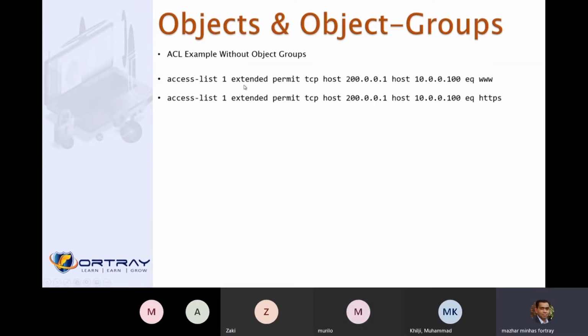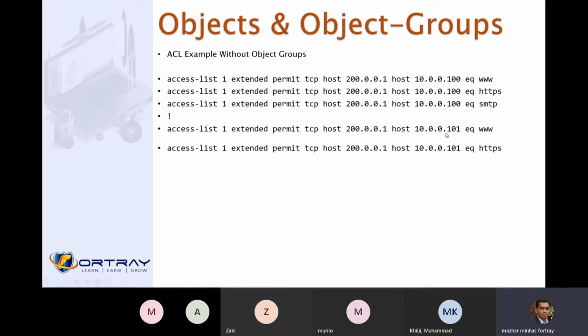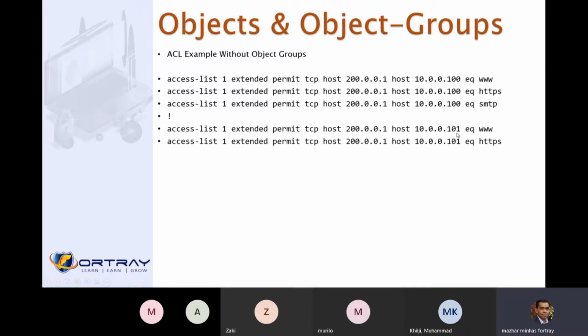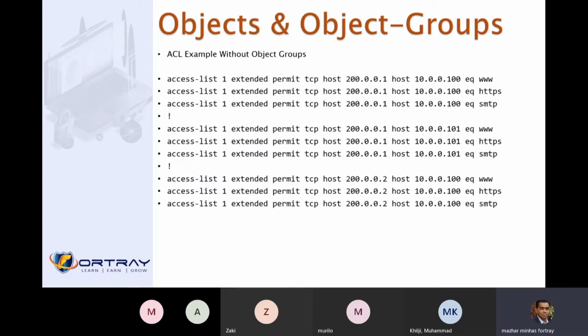You see, you need one entry for the same host and same destination for WWW, one entry for HTTPS, one entry for SMTP. Similarly, another entry for another host going to a different destination. The more entries you create on the firewall or any network device, the more load it has.